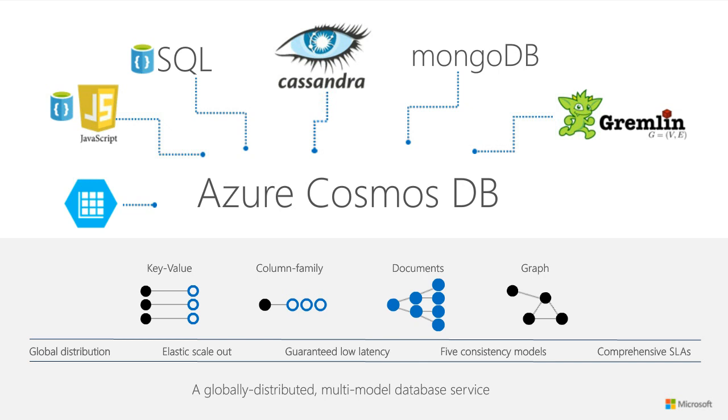And so when you're taking a bet on any database, we want to make sure that you are comfortable and that you have the strongest guarantees. And so we do have financially backed SLAs, which means that with availability, throughput, latency, and consistency, you can feel very comfortable using Azure Cosmos DB, and you can feel that you're financially backed on all of the promises we make.